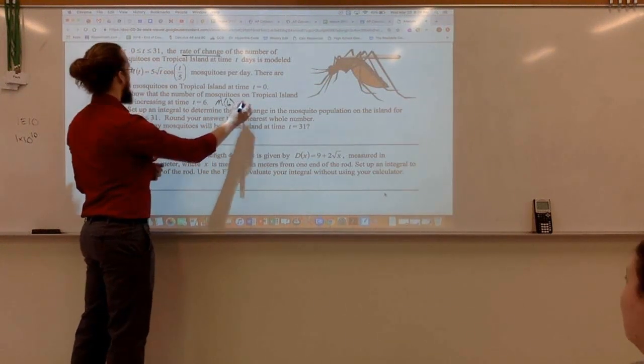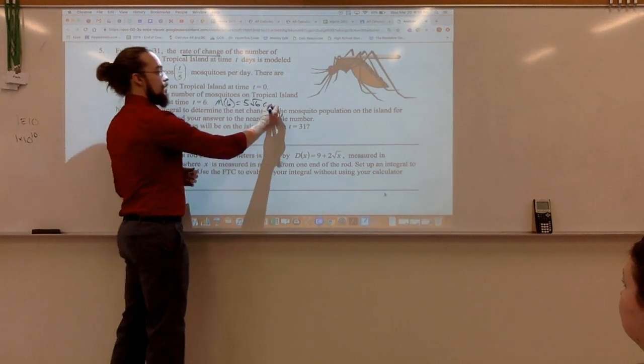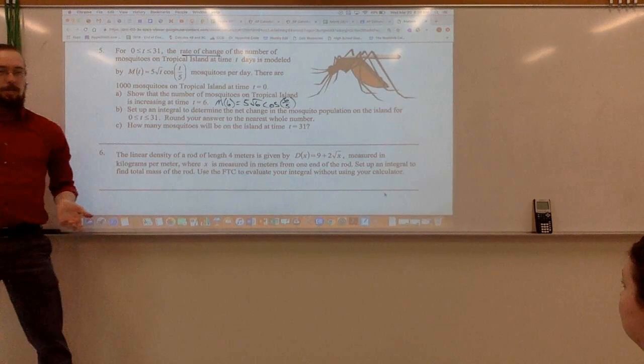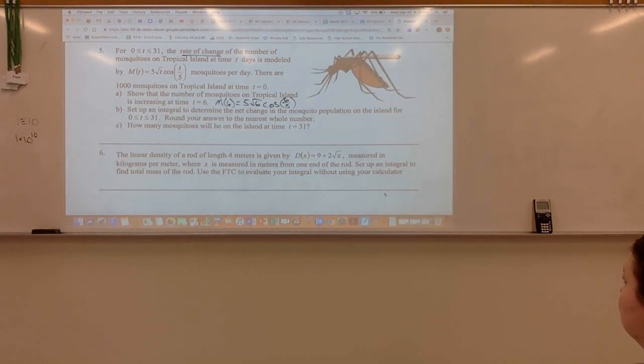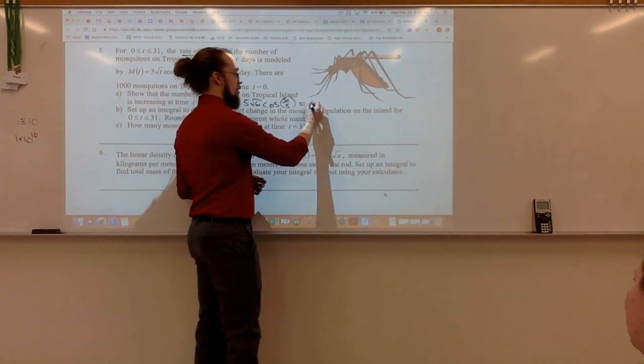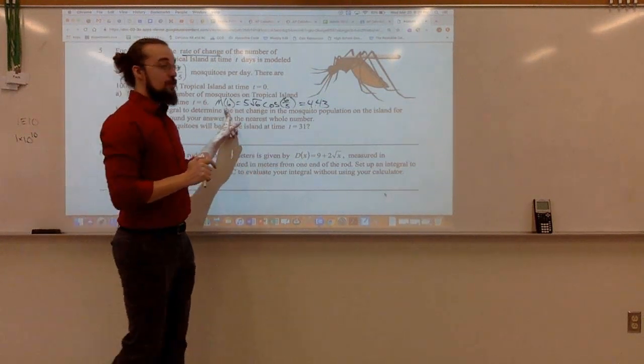So we would just say m of 6 equals 5 times the square root of 6 times the cosine of 6 over 5. Plug that into the calculator. We should get a positive value. What do we get? 4.43. So this is the rate.